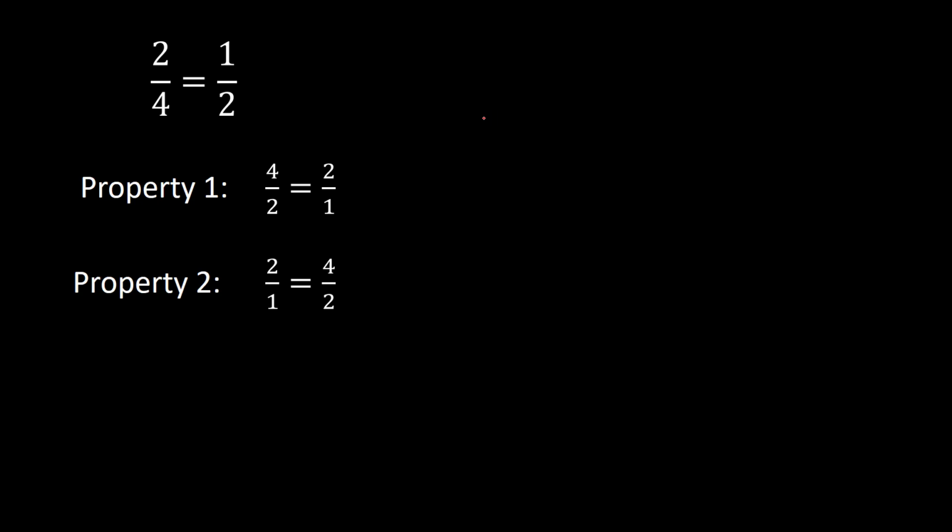The third property is not very intuitive, but let me explain what it says. If I take the original ratios, 2/4 and 1/2, for the first ratio the denominator is a 4, so I can add 4 to the numerator.